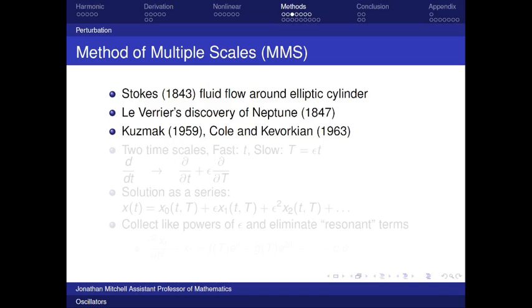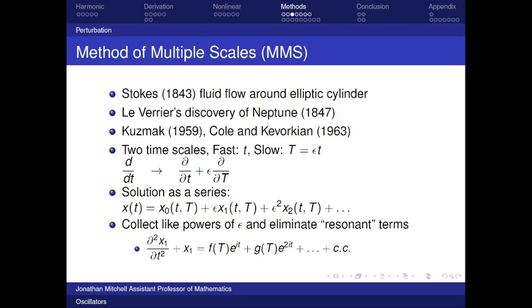Here's one of them, the method of multiple scales. I'll show you what's going on here. A fairly old method, 1843, 1847. You got all sorts of dates that are 150, 200 years ago or so. And what's interesting, though, you see the word Neptune up there? They discovered Neptune in a pretty interesting way. He was actually studying the planets and was like, whoa, we don't have all the planets. Mathematically, there should be a planet right here.